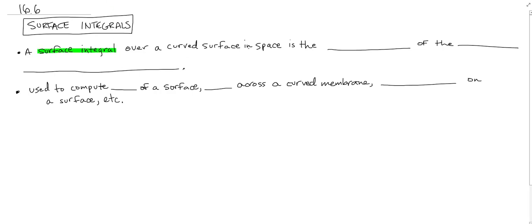A surface integral over a curved surface in space is essentially the two-dimensional extension of the line integral. This is what we've learned previously, the line integral over a one-dimensional curve.